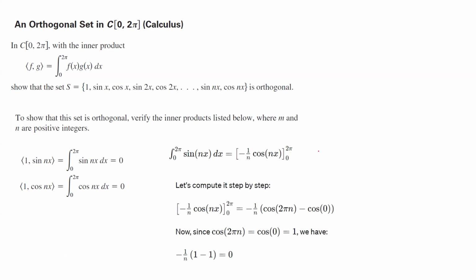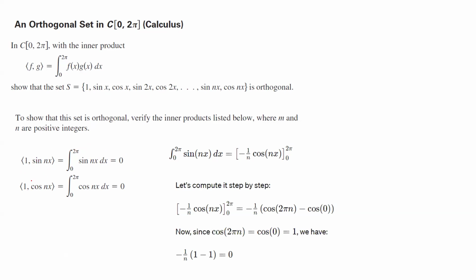So on the exam, in the homework, when you're proving that the inner product is equal to 0, you need to apply what you learned in pre-calculus and calculus to simplify these integrals. So far we showed that the multiplication of 1 by any of these functions is equal to 0.